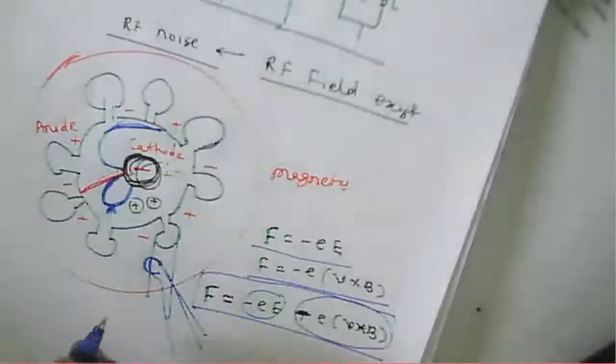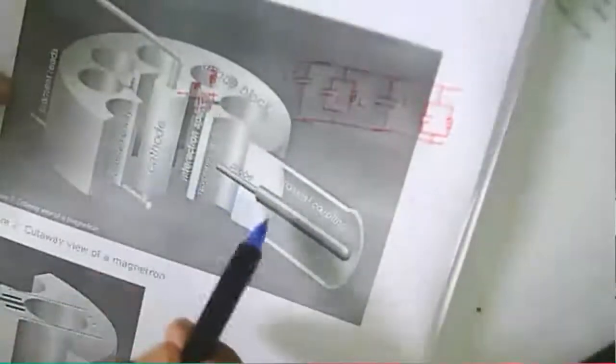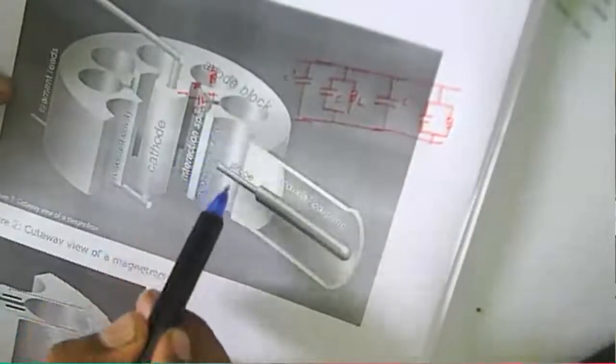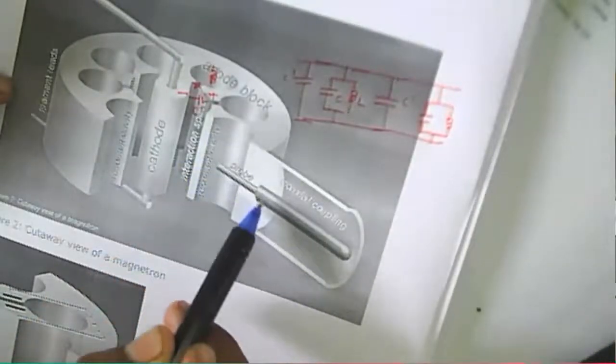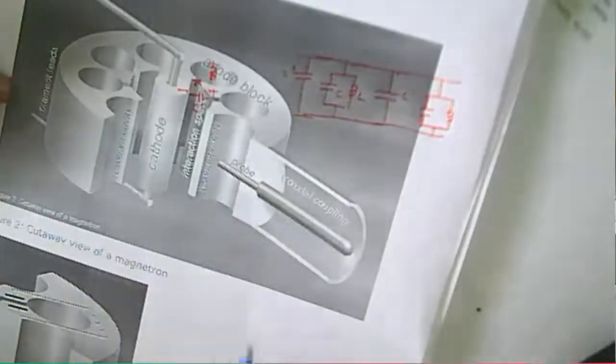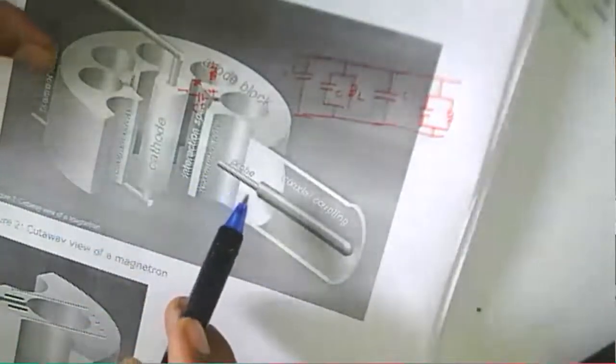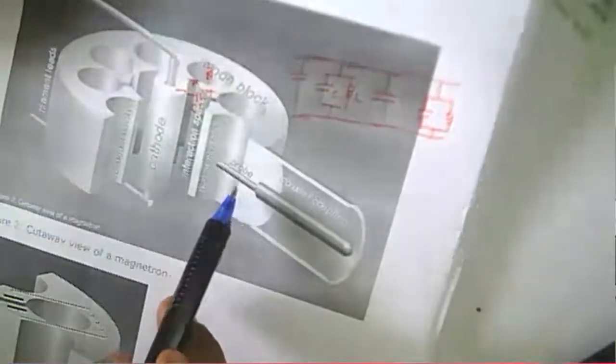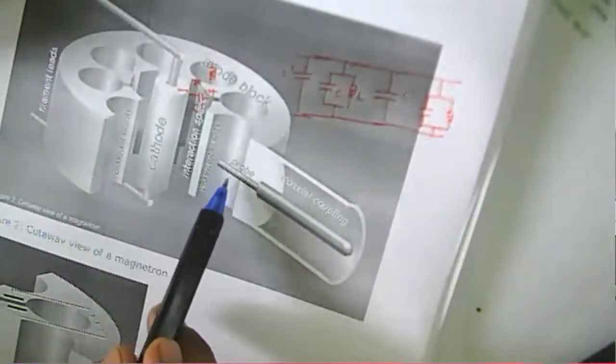A probe is inserted inside this particular cavity, or you can say a coaxial coupling, and through this probe we can extract the output from this particular cavity.